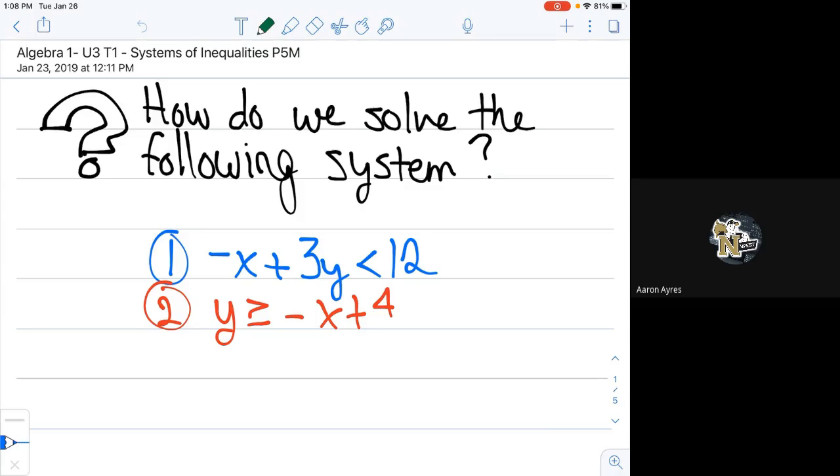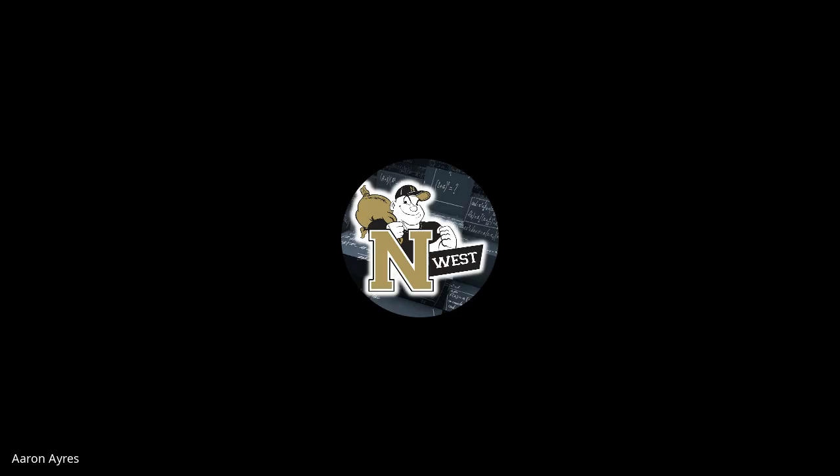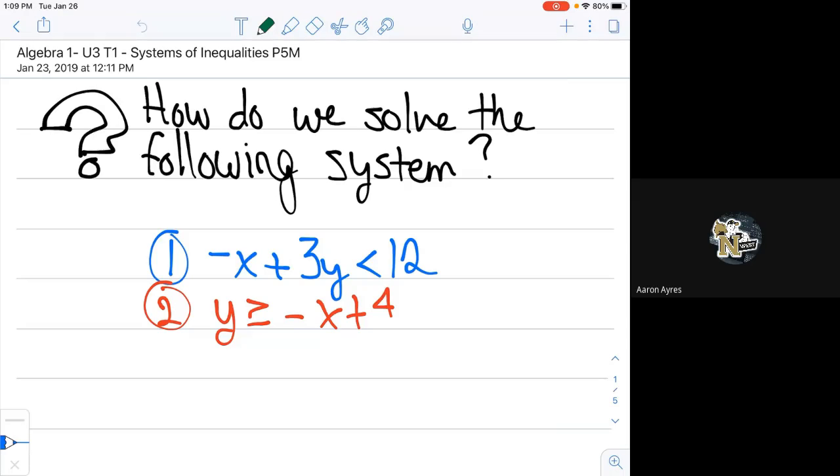This is negative 4. So I also got go up one to be negative 3. I can do elimination.